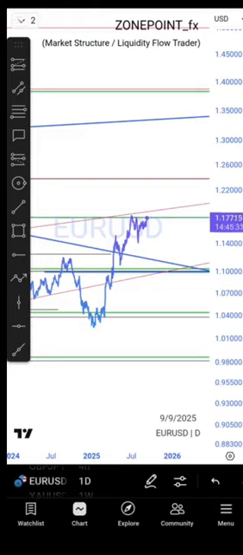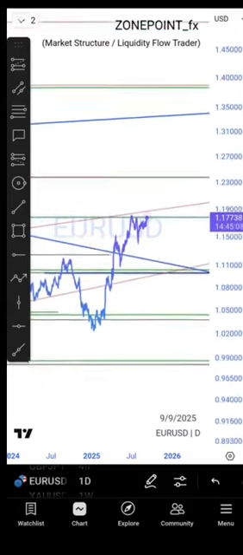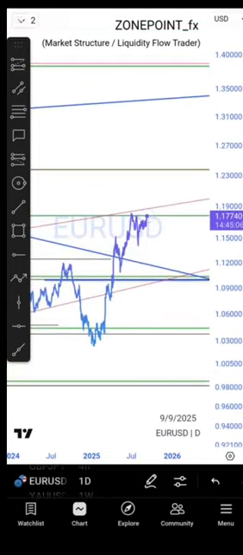Anytime price comes back to react to that area, I'll be watchful for a reversal. Since I already know that price has broken a sell trend line and is buying, I'll be watchful for a sell reversal and to buy.